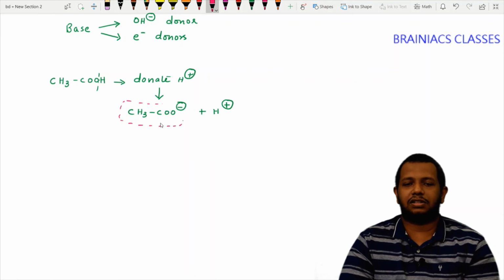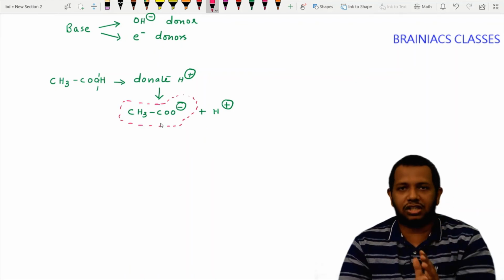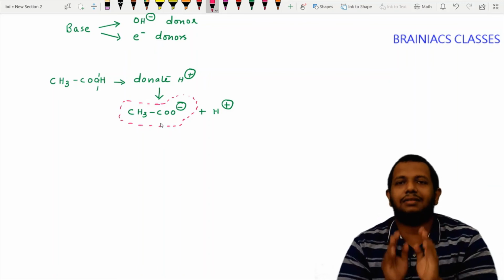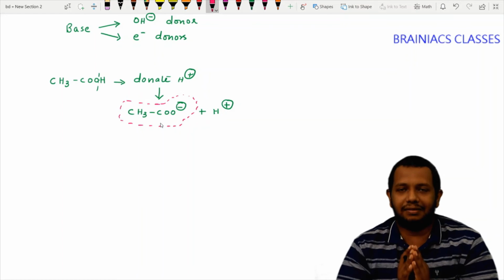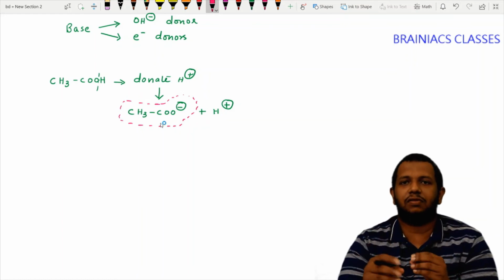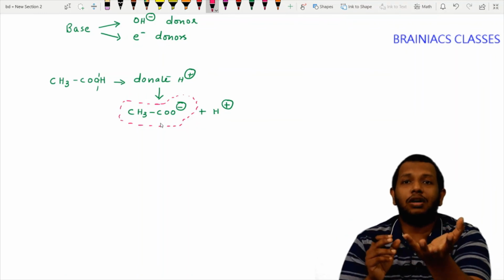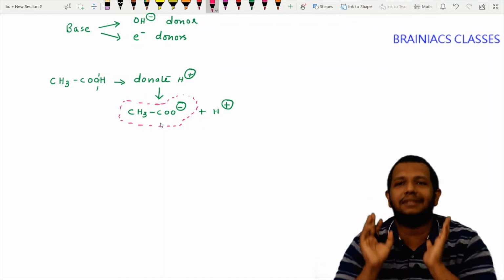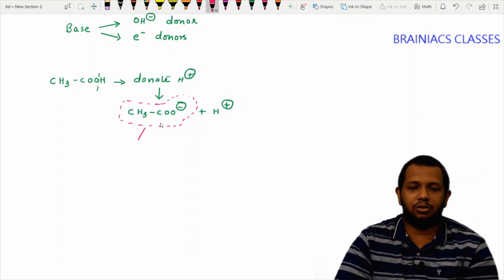So if this structure is stable, then I can say that the structure which donated the H plus will not attract the H plus back. That means it is a good acid.